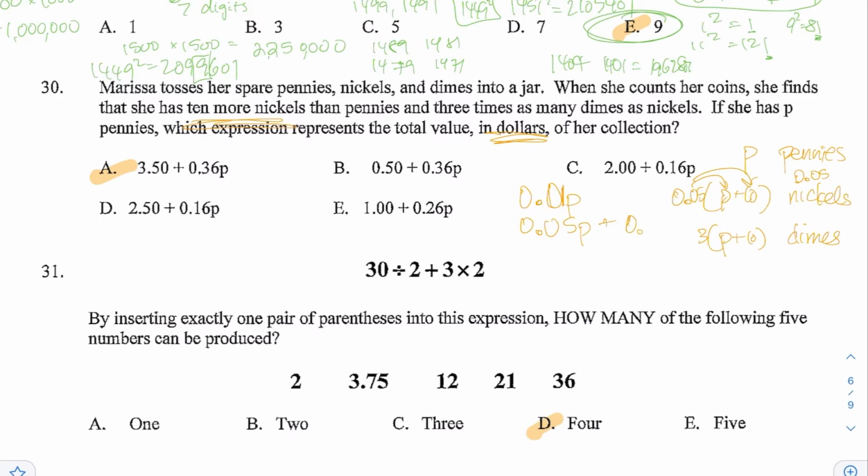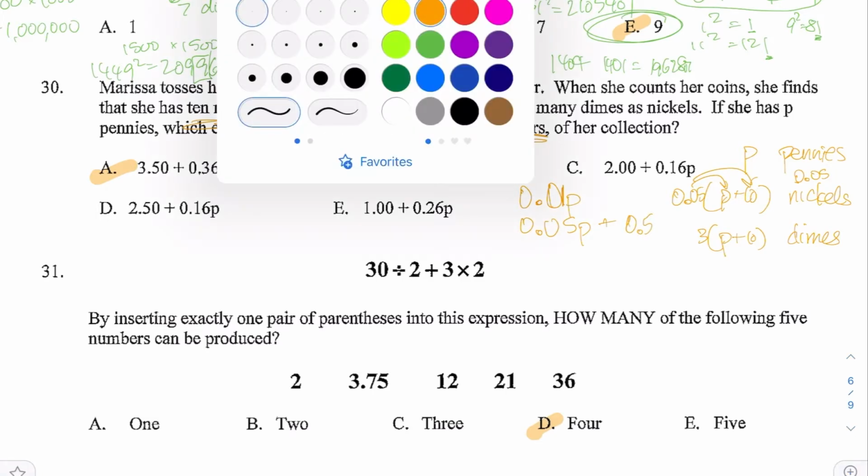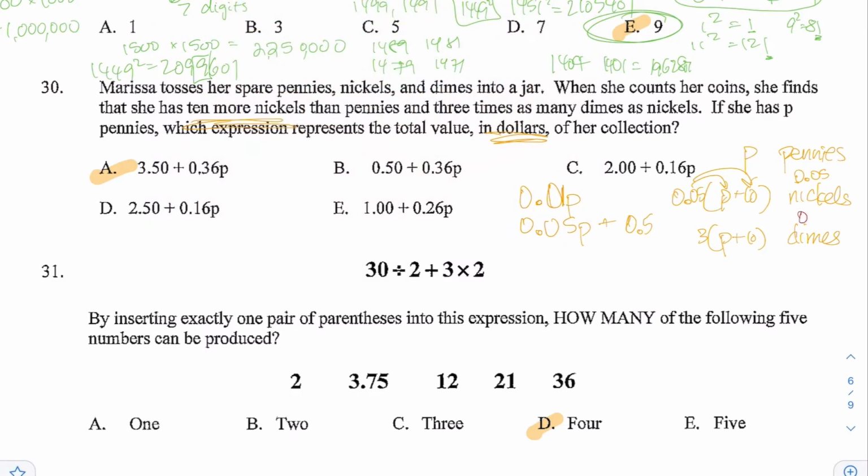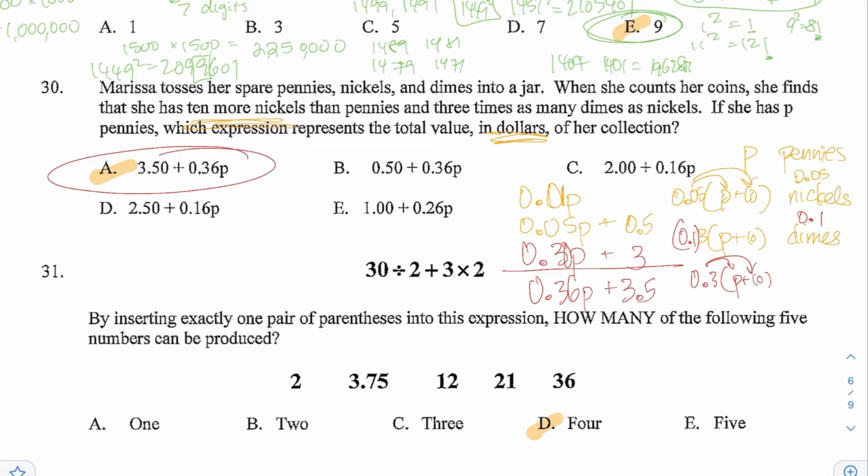So that's 0.5. And finally, a dime is 10 cents, so that's 0.1. So to multiply this 3 times 0.1, which will give you 0.3 times P plus 10. And when you distribute, you have 0.3 P plus 0.3 times 10, or 3. So you add everything up, you have 3.5 plus, this is really 30 plus 5 plus 1, or 0.36 P. And that's choice A.